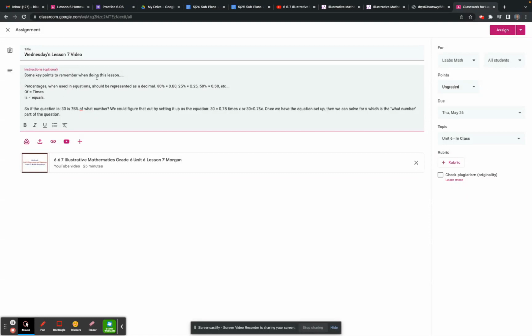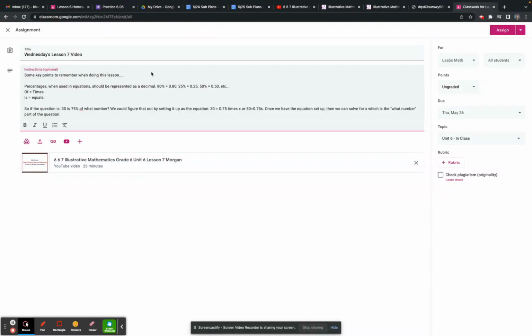One thing to remember that's going to be helpful today: anytime that you go to write an equation from a word problem that is using percentages, we represent percentages as decimals. I know that can be kind of confusing because when we see percentages, they are whole numbers like 80%, 25%, or 50%.